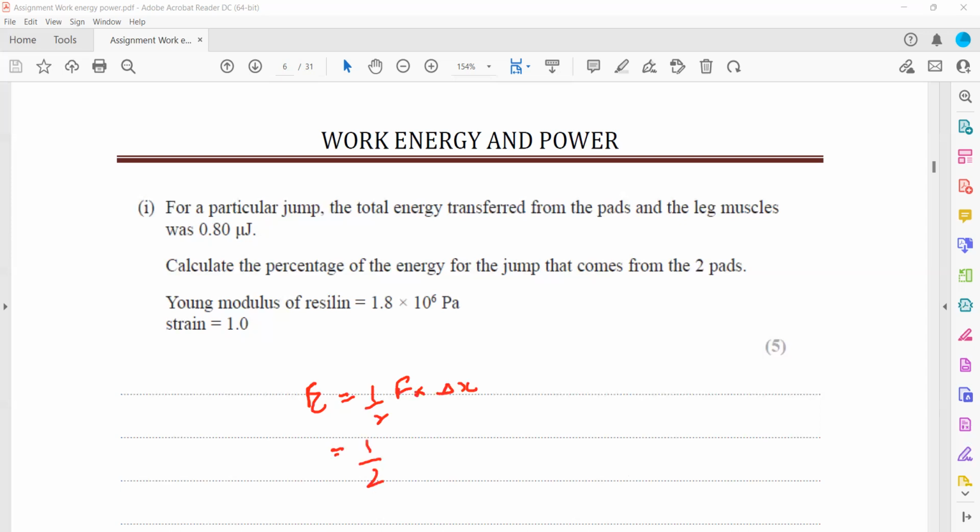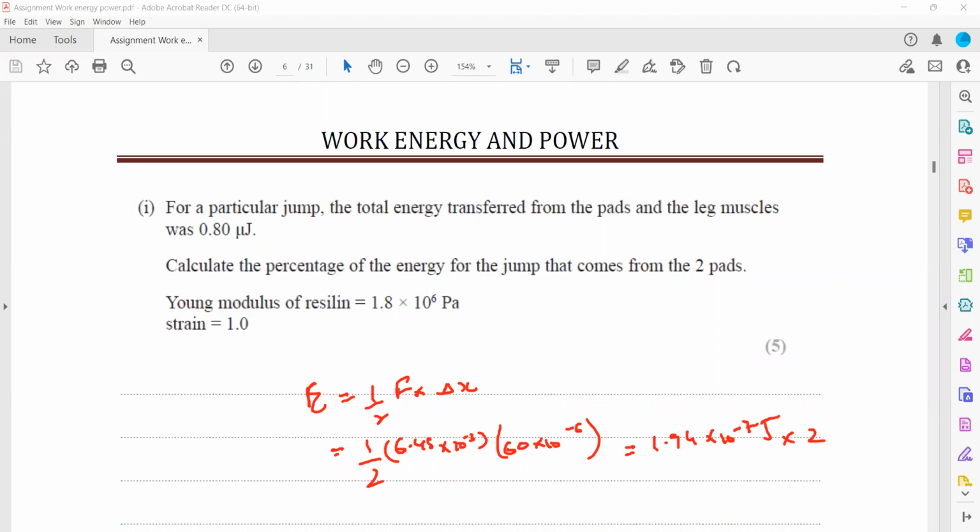Half, the force is 6.48 into 10 to the power minus 3, which we calculated, and the compression is 60 into 10 to the power minus 6. When we simplify, it will be 1.94 into 10 to the power minus 7 joules. That is the elastic strain energy stored in one leg. But because of the total energy, we'll multiply by 2. And now we need the percentage. What percentage?